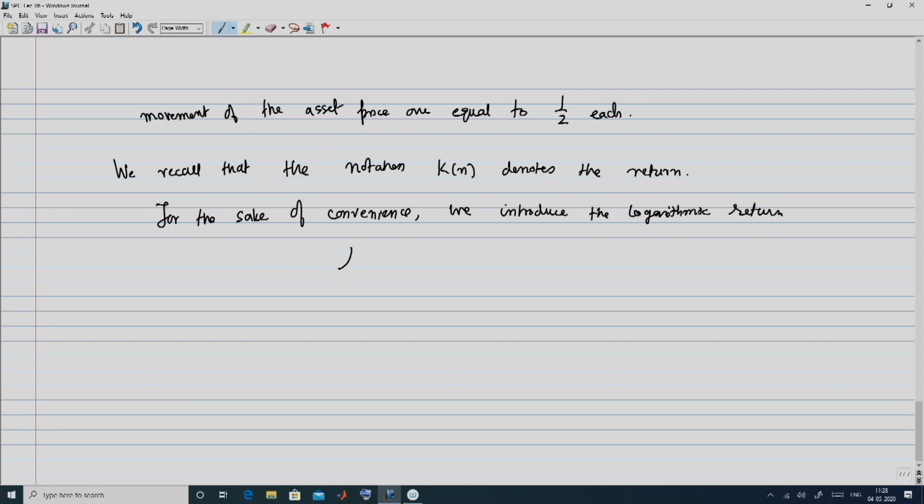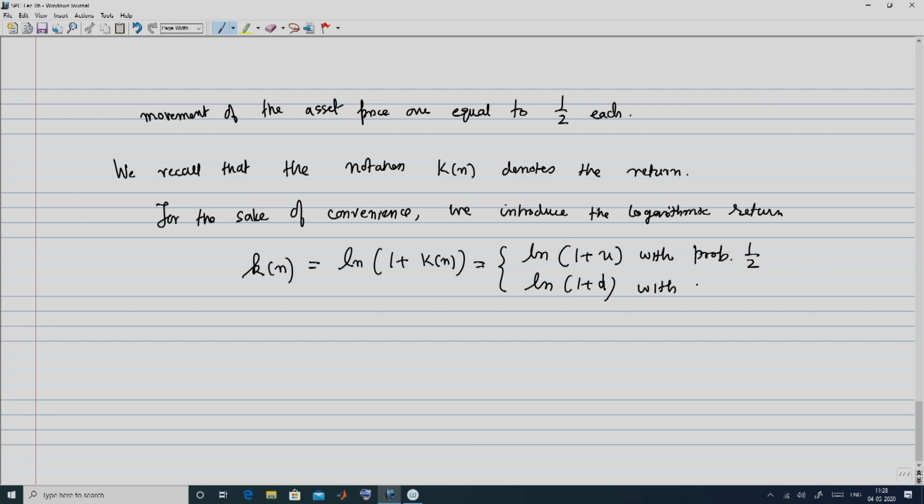So, logarithmic return is nothing but the natural log. Remember, in finance, log always means natural log, that is base e. So, the natural log of 1 plus Kn, I will define this to be the logarithmic return, which is small kn, and this will be nothing but, this can take the value ln of 1 plus u and ln of 1 plus d, and remember here we took the probabilities to be identical. So, Kn can have probability half and half in the two scenarios. So, from now on we will primarily be using the logarithmic return.